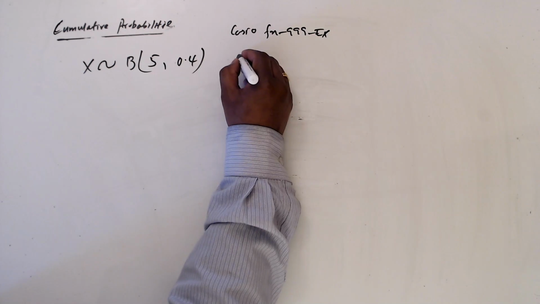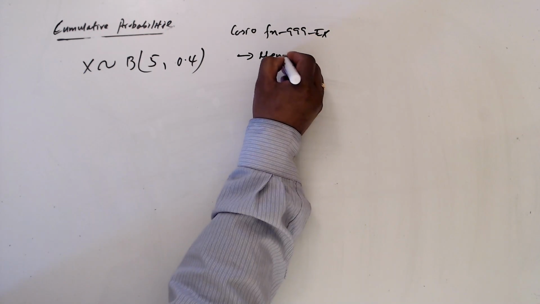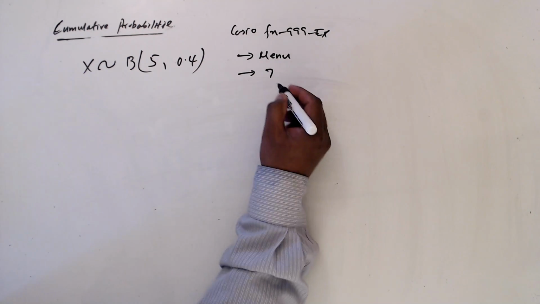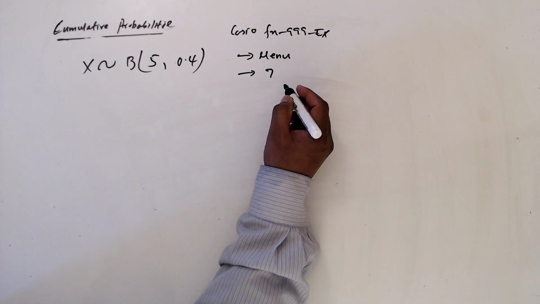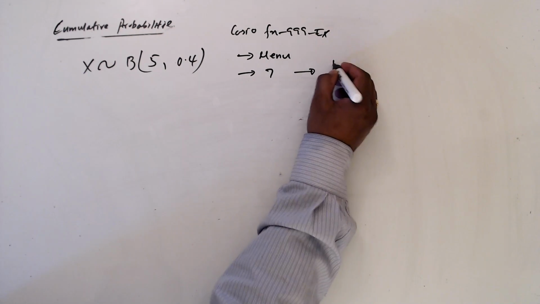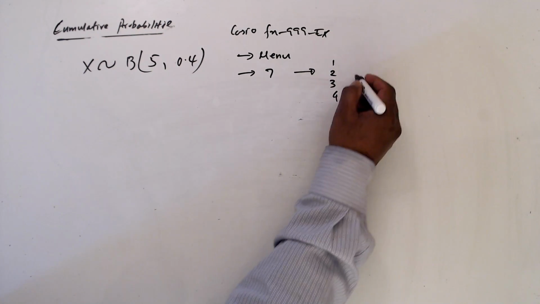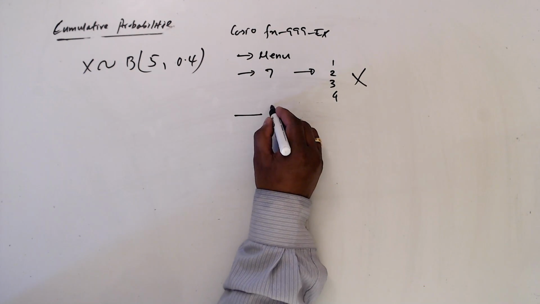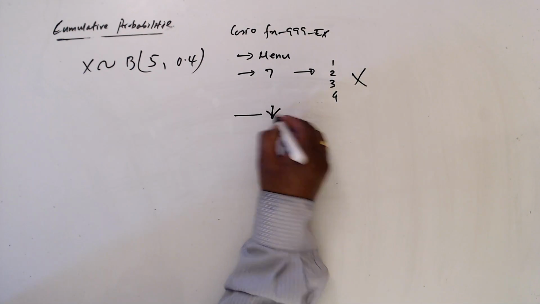First of all, press Menu, then type 7, then you can see 1, 2, 3, 4. Don't press anything.